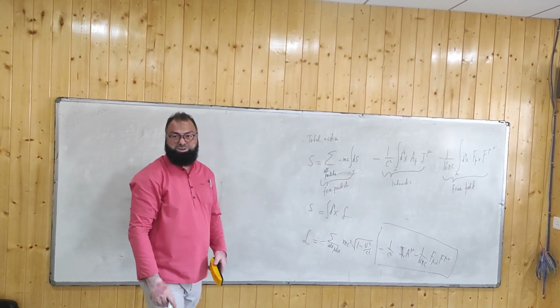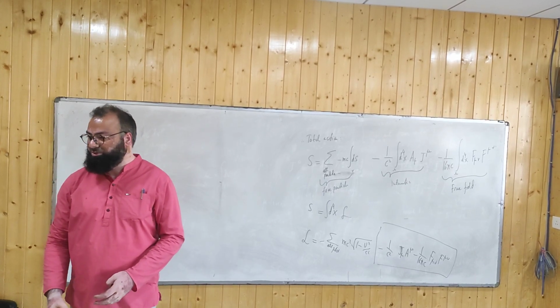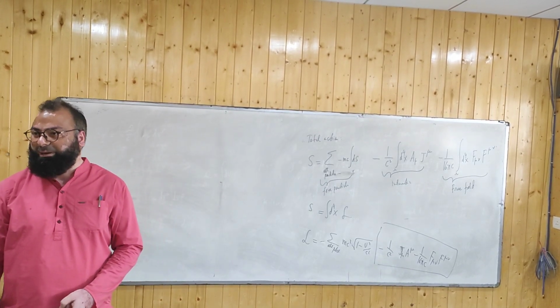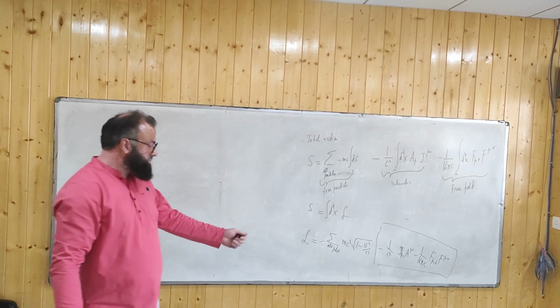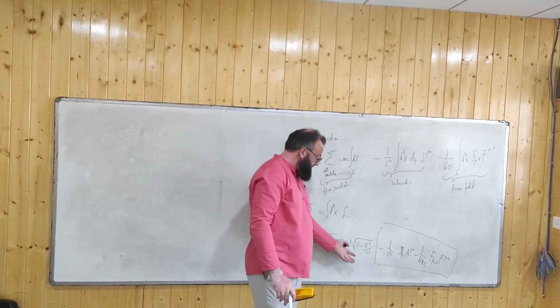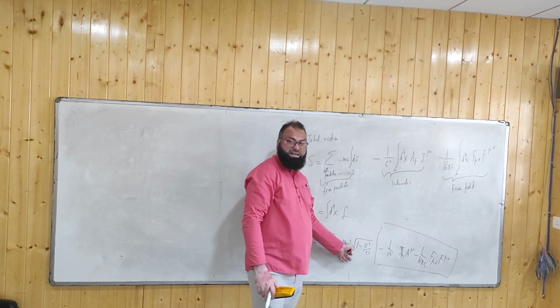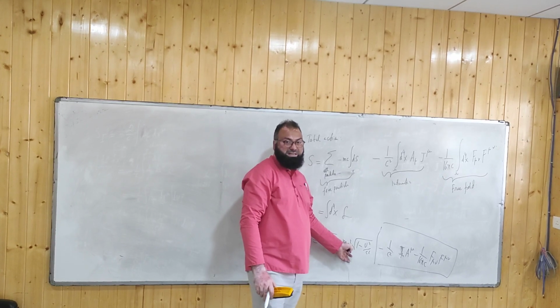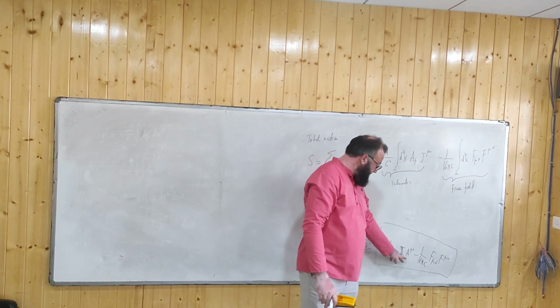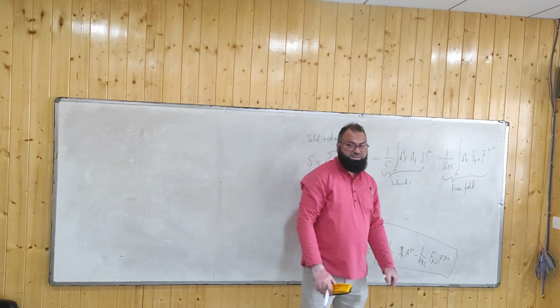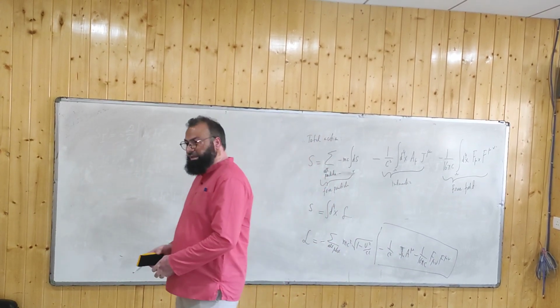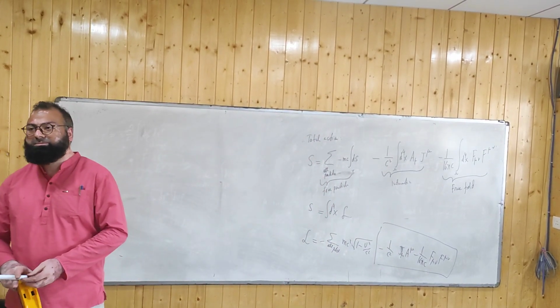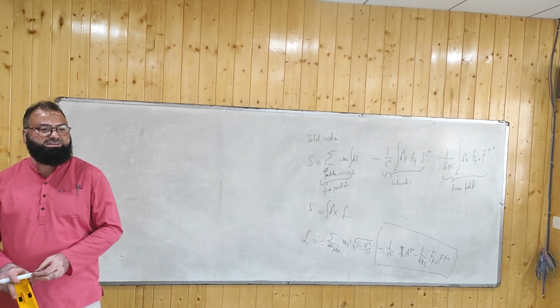Why? Because these two terms contain fields, and now we will be dealing entirely with fields, not the particles. This first term does not contain any electromagnetic field; it is simply for the particles. This term contains field A, and this also contains a field. Clear? Any question?